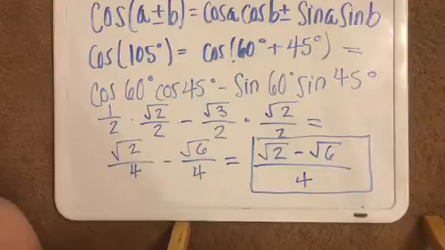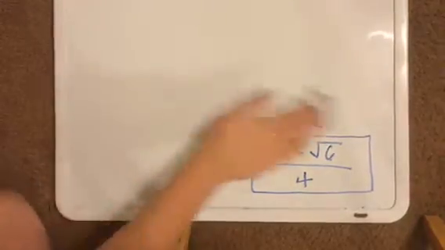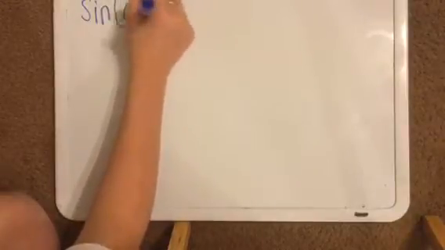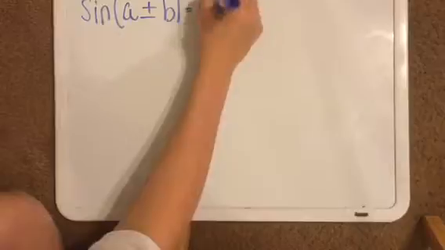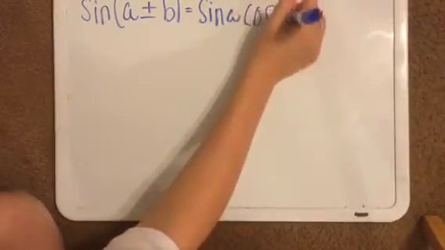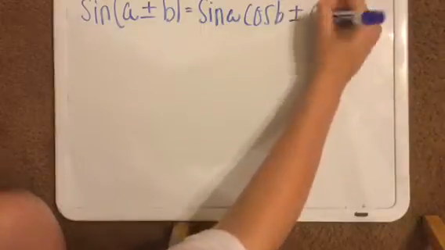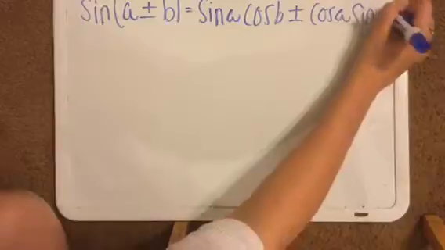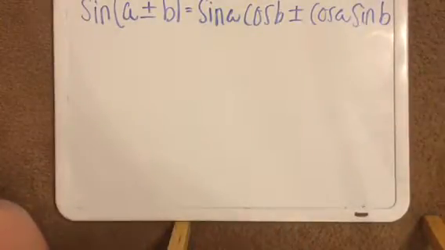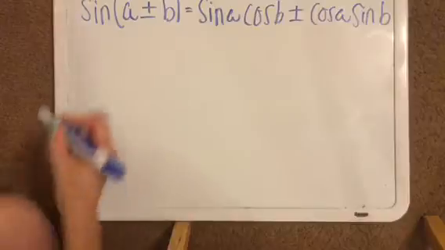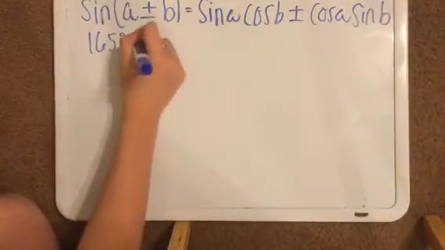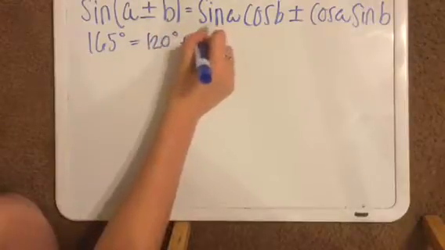Next, we will do sine. So our equation for sine is sine of A plus or minus B is equal to sine of A times cosine of B plus or minus cosine of A times sine of B. We are going to be doing 165 equals 120 degrees plus 45.